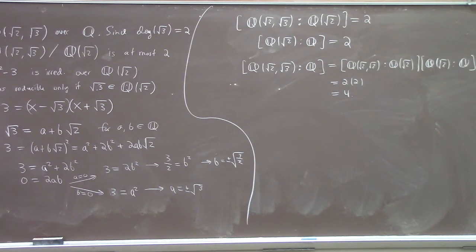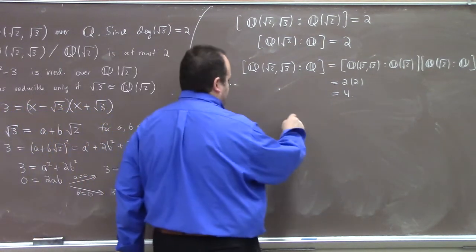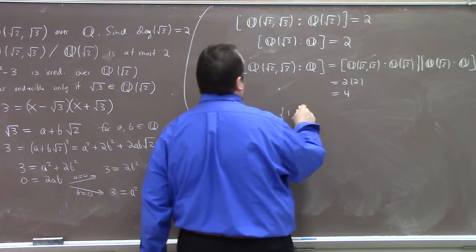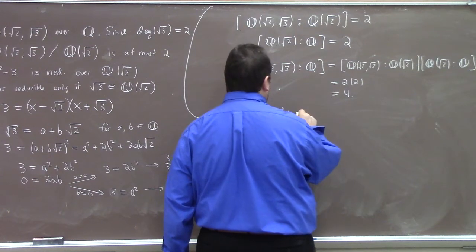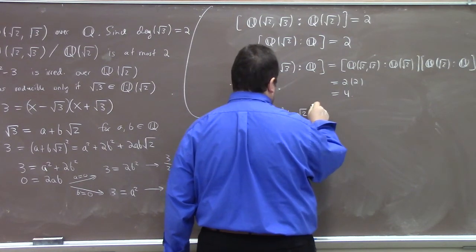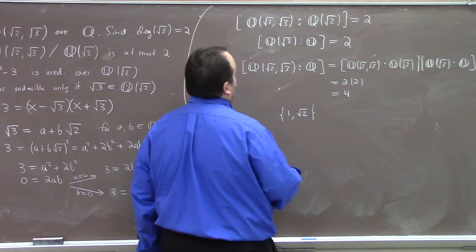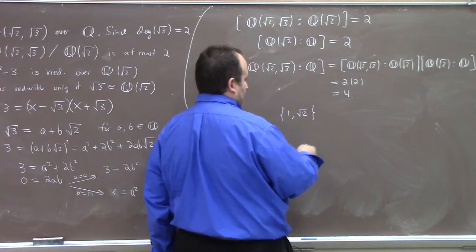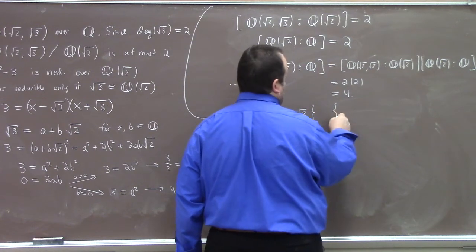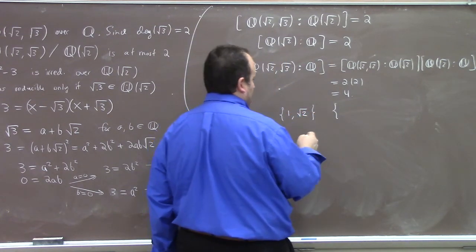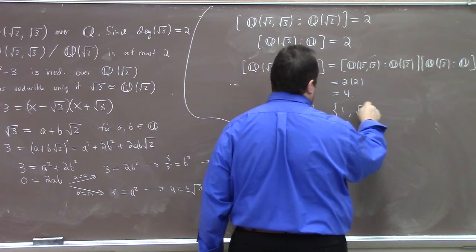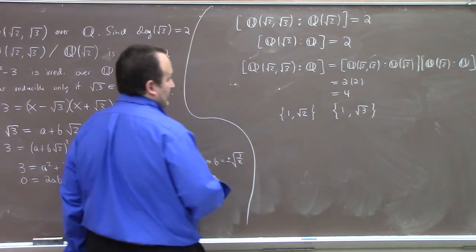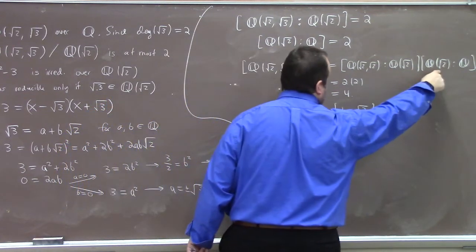So we had a basis 1 and root 2 for Q adjoin root 2. And we would have basis 1 and root 3 for this one.